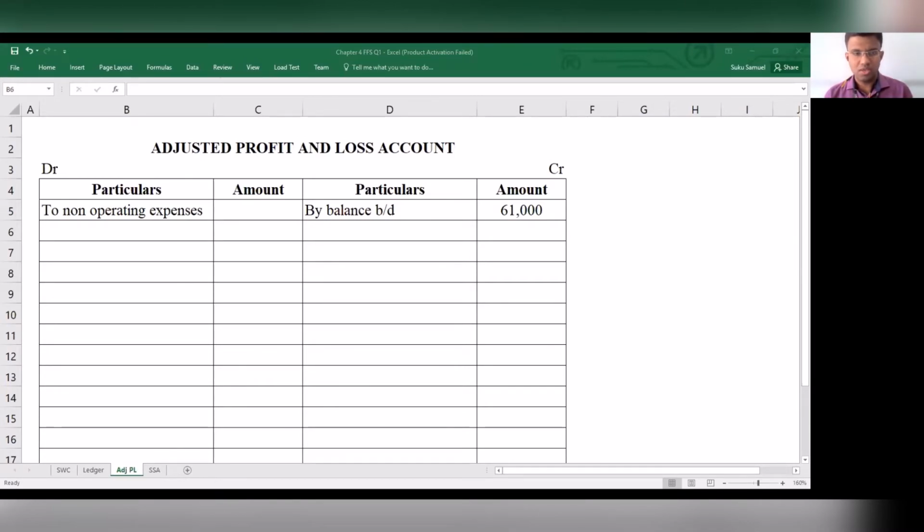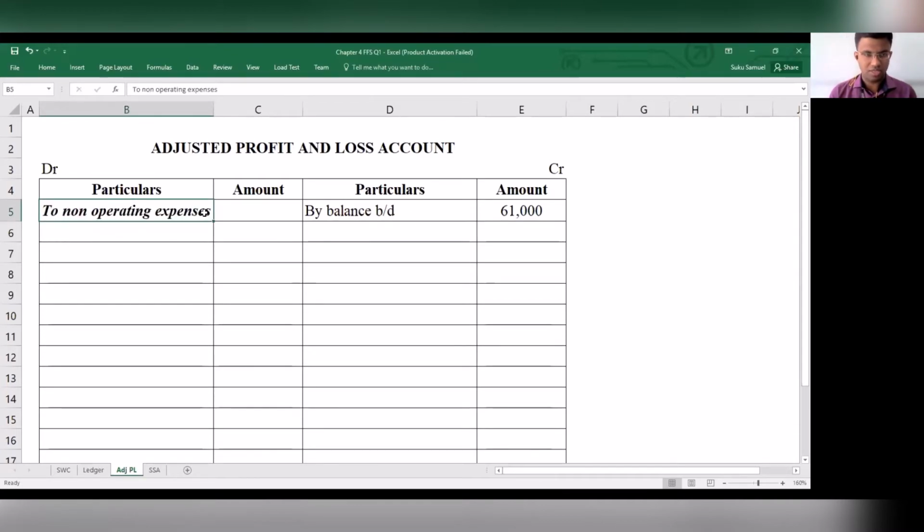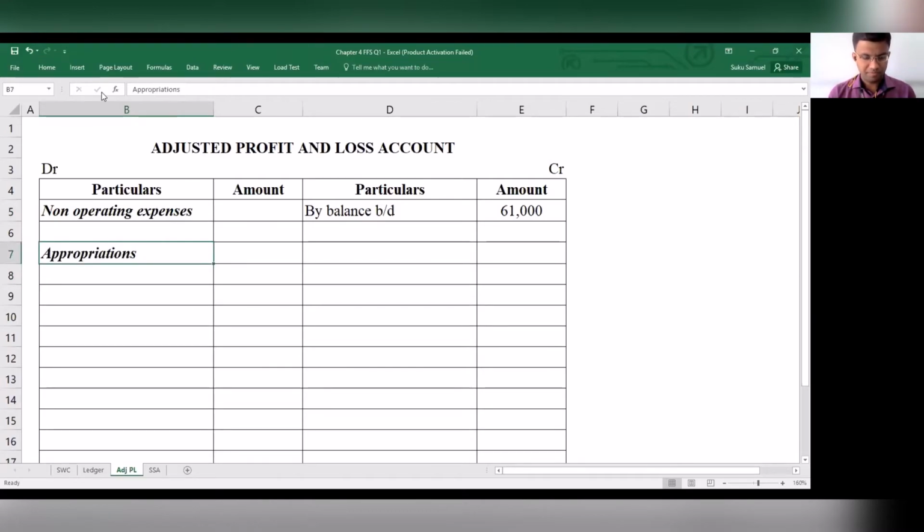So next we can move on with the appropriations. Let's quickly look at the appropriations that we have. To general reserve, you have transferred a sum of 20,000.